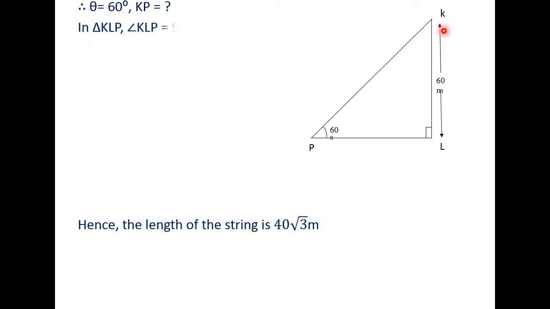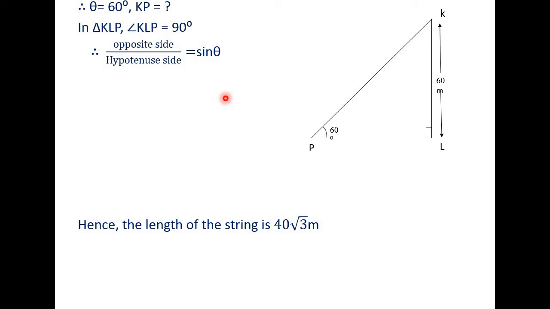So in the triangle KLP, angle L is equal to 90 degrees. Let us take sin theta. Sin theta is equal to opposite by hypotenuse. We want the length KP.